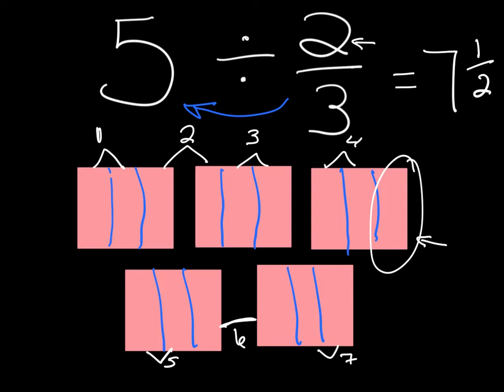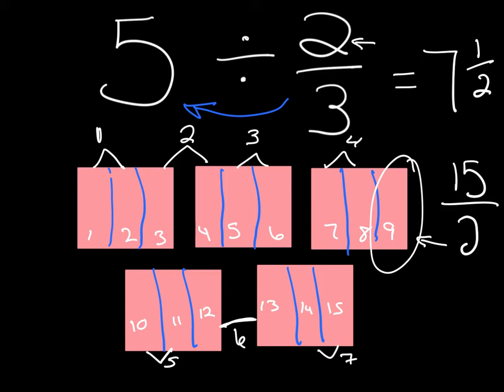That's where the 7.5 comes from. You can also look at it as 1, 2, 3, 4, 5, 6, 7, 8, 9, 10, 11, 12, 13, 14, 15 pieces. I have 15 thirds, but I want to know how many 2/3 there are, so I divide that by 2, and I get 7.5.